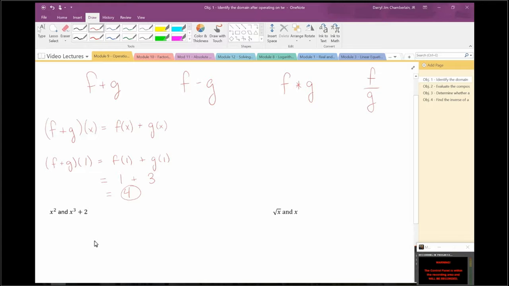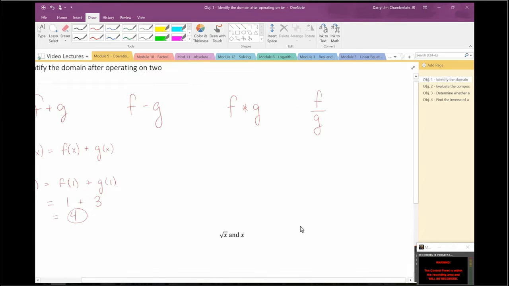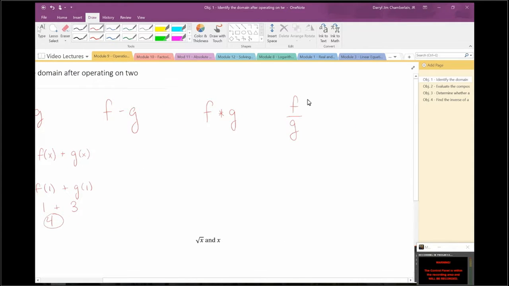Now, we do have one tiny little issue. We have to be careful with one of these four. And of course, it's the fraction that's going to cause us some issues. We want to make sure that we're not dividing the two functions when g is 0, and when we're plugging in some values and it makes that function 0.